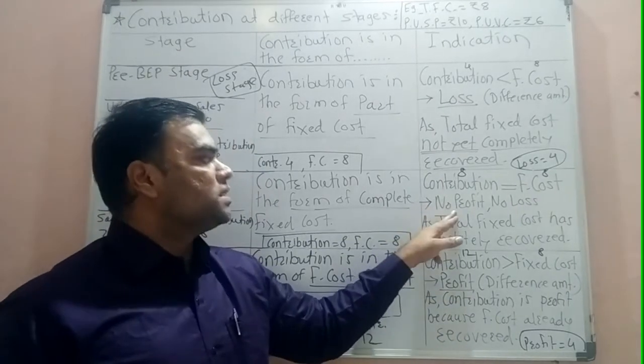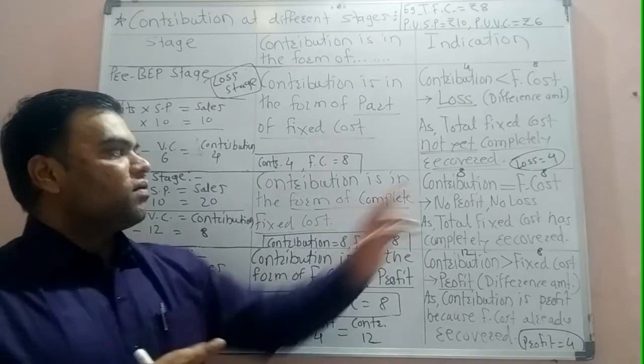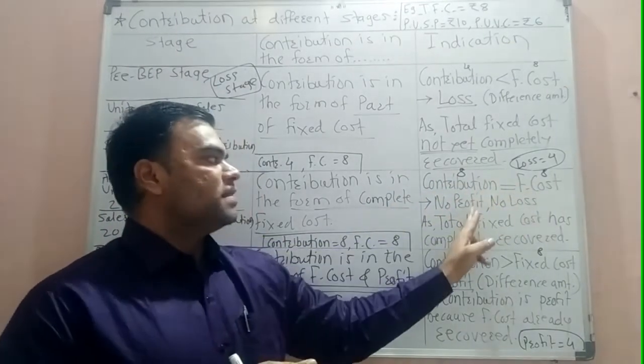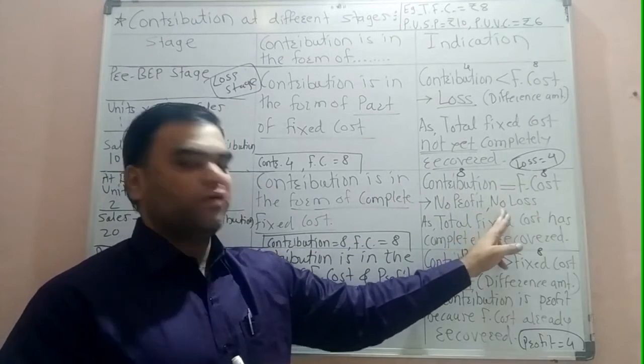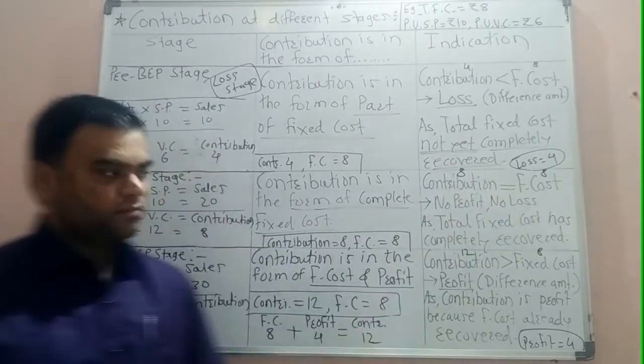That's why at this stage there is no profit and no loss. When our contribution becomes exactly equal to total fixed cost, that stage is known as the no profit, no loss stage, or BEP stage.